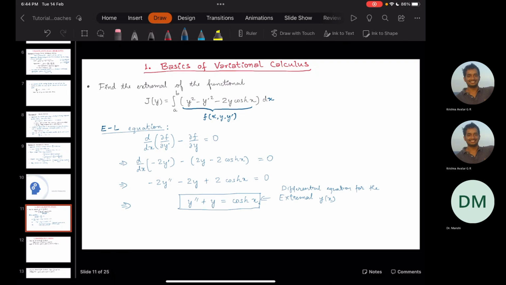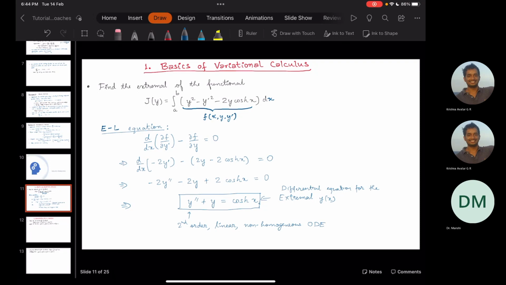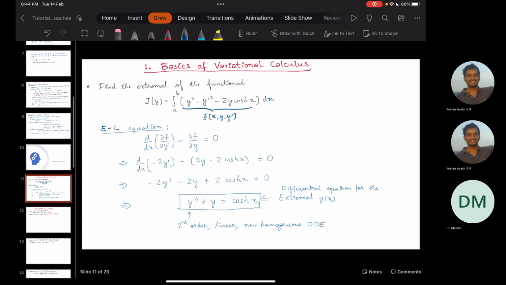You know very well that this equation is a second order linear non-homogeneous ordinary differential equation. So the solution will be expressed in terms of the homogeneous solution and a particular integral. I won't solve it. I think we had discussed it in great detail in our previous tutorial session. If you would like to really understand it, you could refer to the first tutorial.